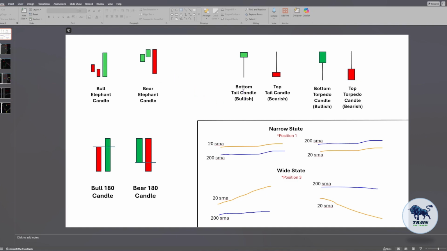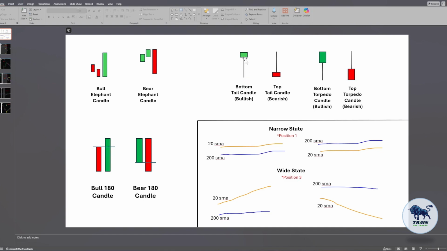All right, next we got the bottom tail candle. So it's going to have a big wick at the bottom. And this can be confused with dojis, but dojis normally don't have such a big body on them. The main thing you're looking for is how long the tail, the wick is.